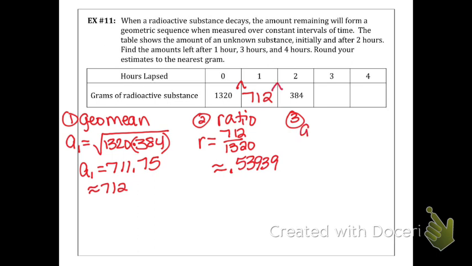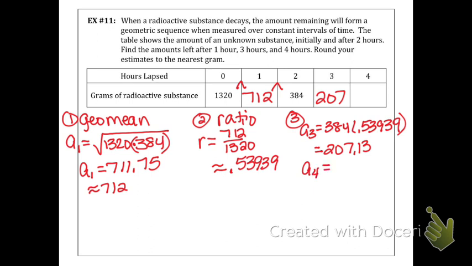And so a sub 3 should be 384 times 0.53939, and I got like 207.13. And then a sub 4, I'm going to multiply that times 0.53939, and I got 111.65, which is about 112.